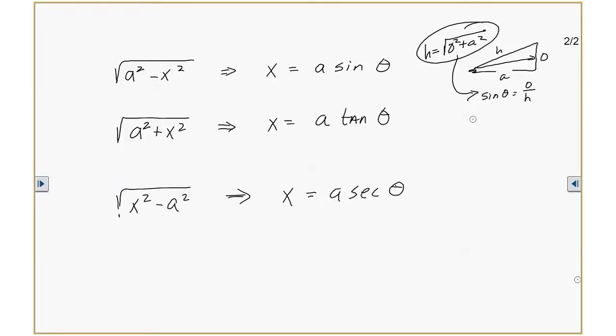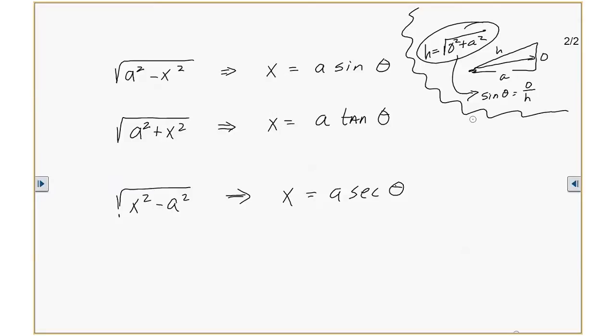That's where that comes from. You just draw this right here, and this is where this is coming from. It's not something that you just see. No, it comes from this.